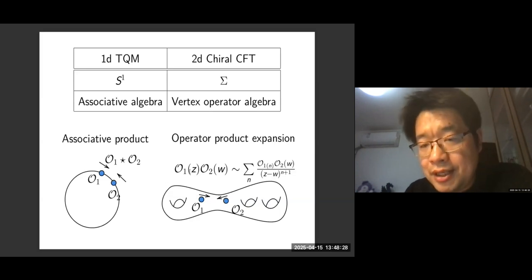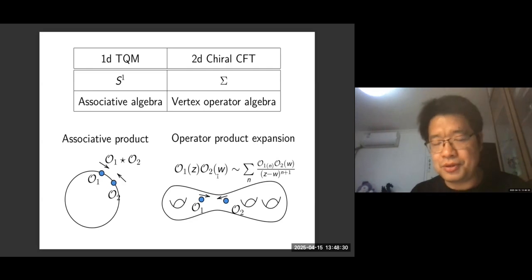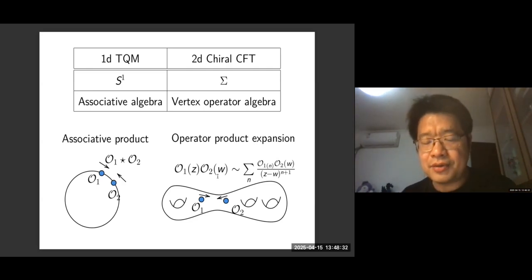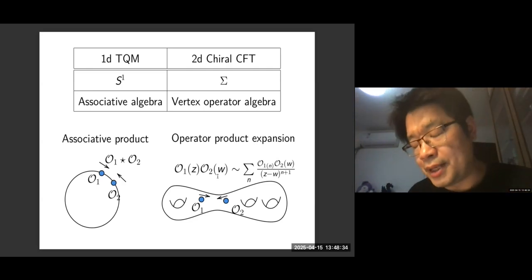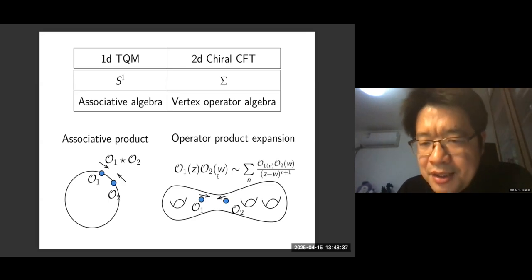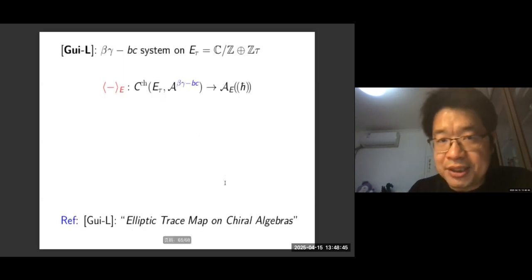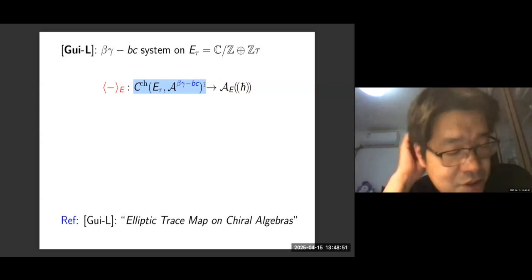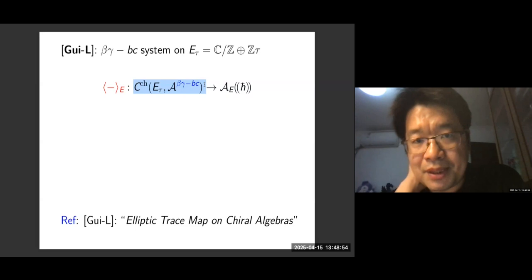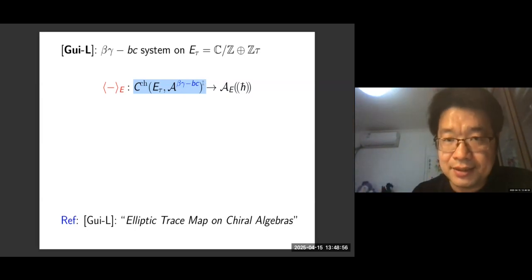You can write down a chain complex, and there are many different versions of it. A general version is given by Beilinson-Drinfeld, the chiral chain complex, and I'm using this one. The precise definition is very complicated, but the idea is very simple, just like that.